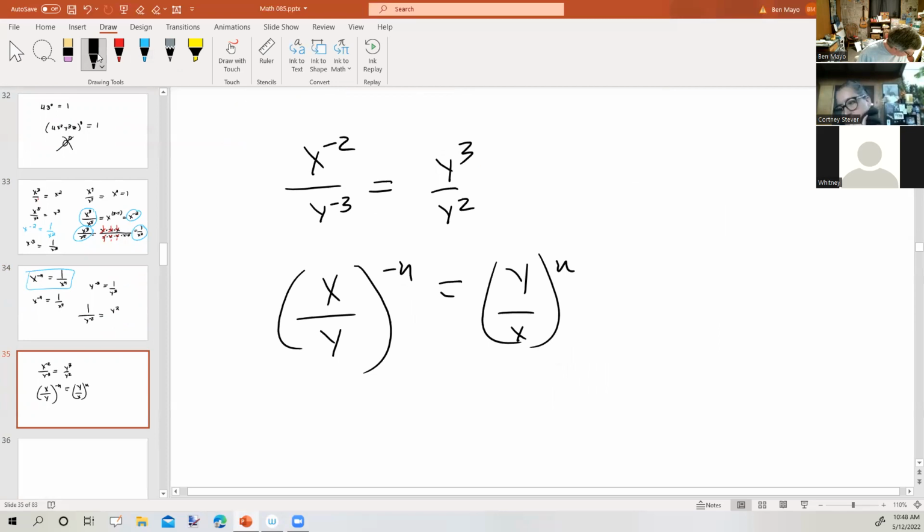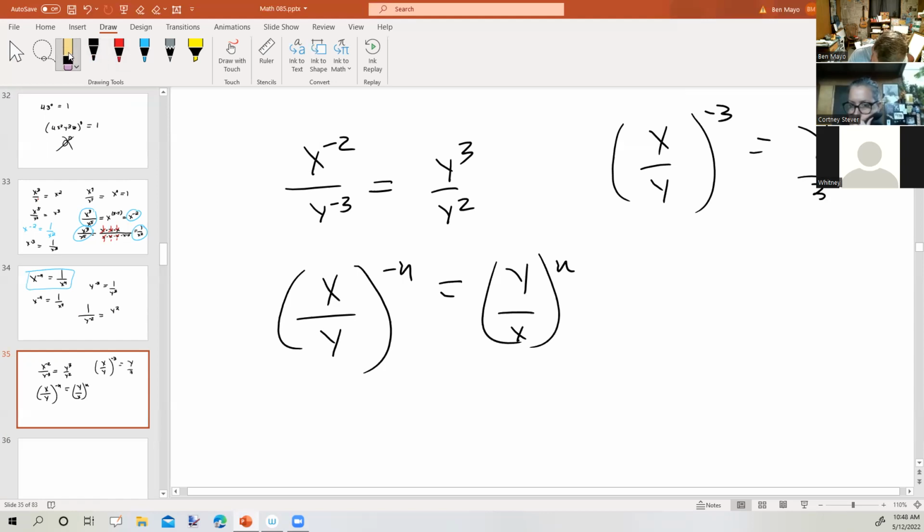Let's say you've got this, x over y, to the negative 3. That would be y over x to the positive 3 power, right? Take the reciprocal of the base, it changes the sign of the exponent. All right, so there's all the rules. Let's look at some more examples.